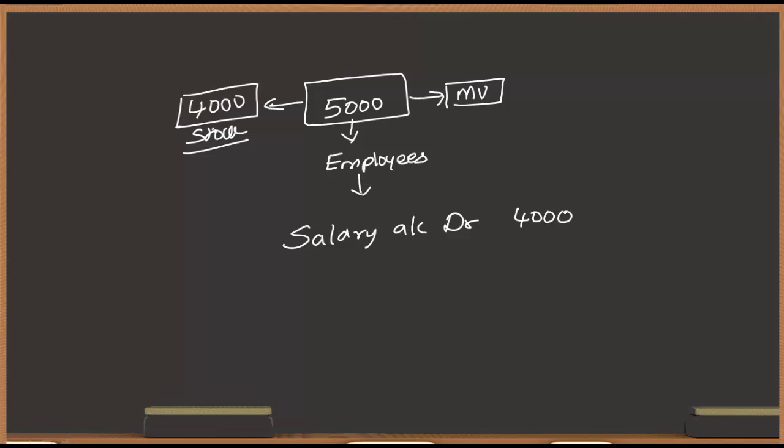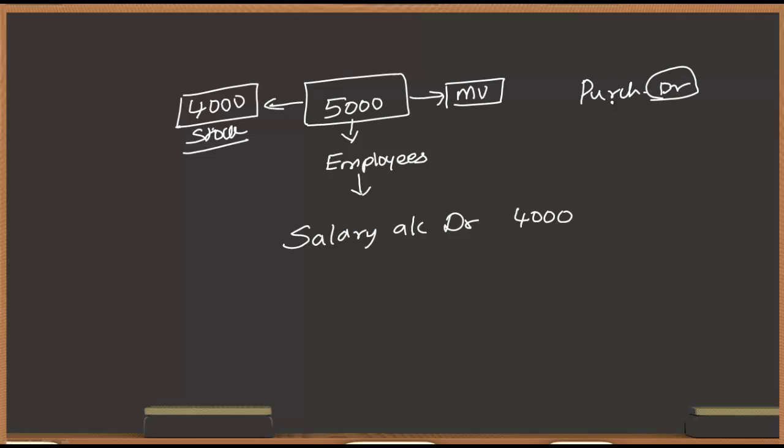And what has gone out now? What has gone out, or which balance is going to come down? Is it the cash balance? No, because their salary is not paid in cash. Rather, the stock has been given. So how will the stock be recognized in accounts first? It will be recognized by debiting the purchases.